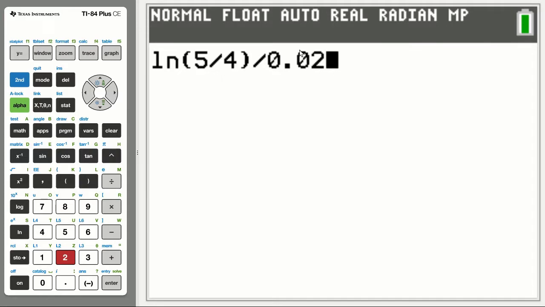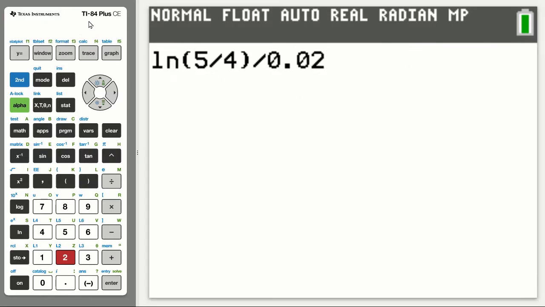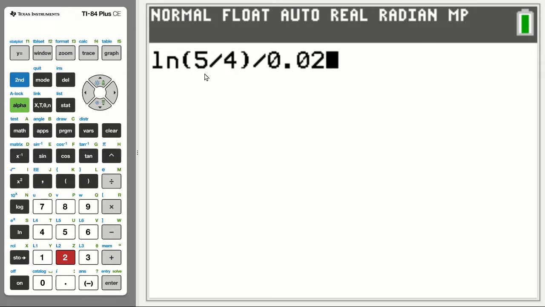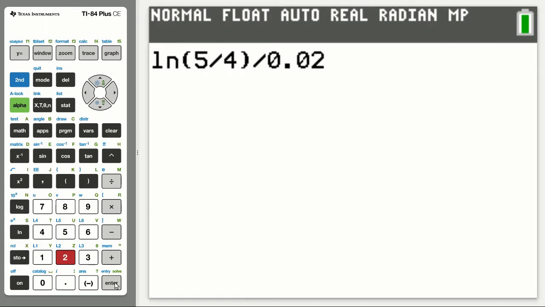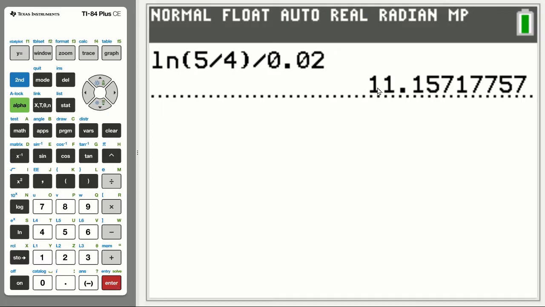Thankfully, our advanced calculators these days, the standard TI-83 or 84, are strong enough to do this entire computation in one command. Now let's hit enter, and the value that comes out is approximately 11.157, rounding to 3 decimals for my lecture.